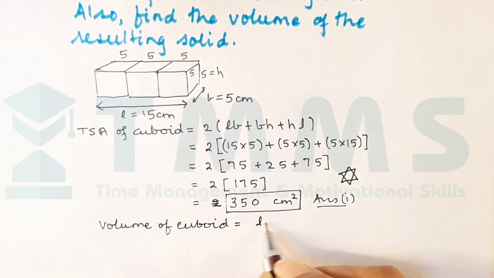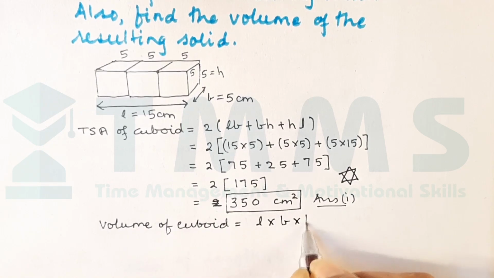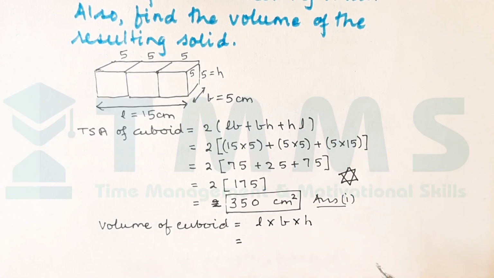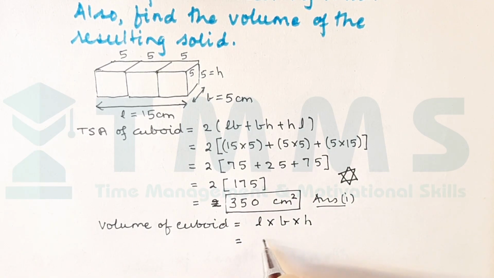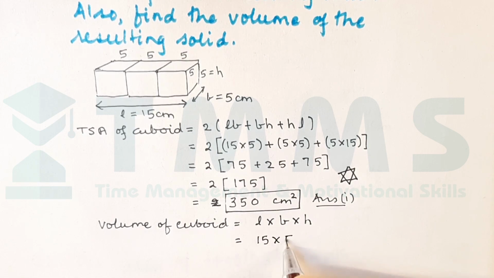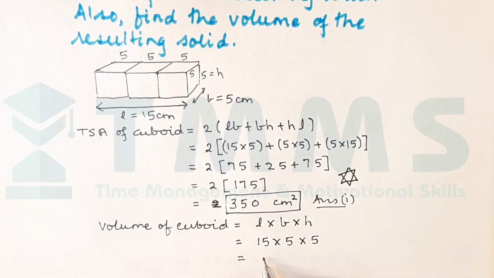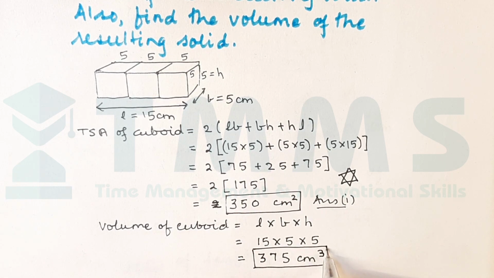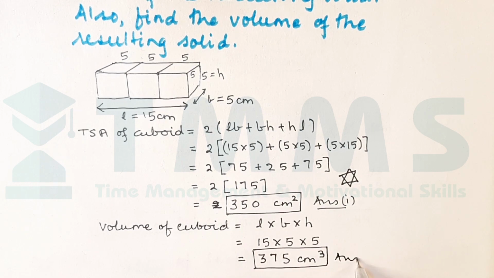The formula is L into B into H. Remember tip number 1. And then substitute it properly. So you will have 15 into 5 into 5, which is equal to 15 into 25, which is 375 centimeter cube. And that is our answer 2.